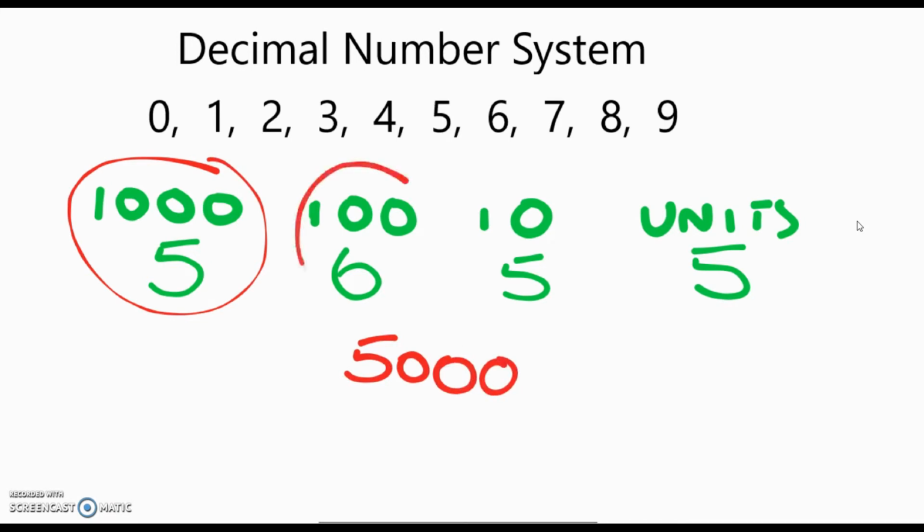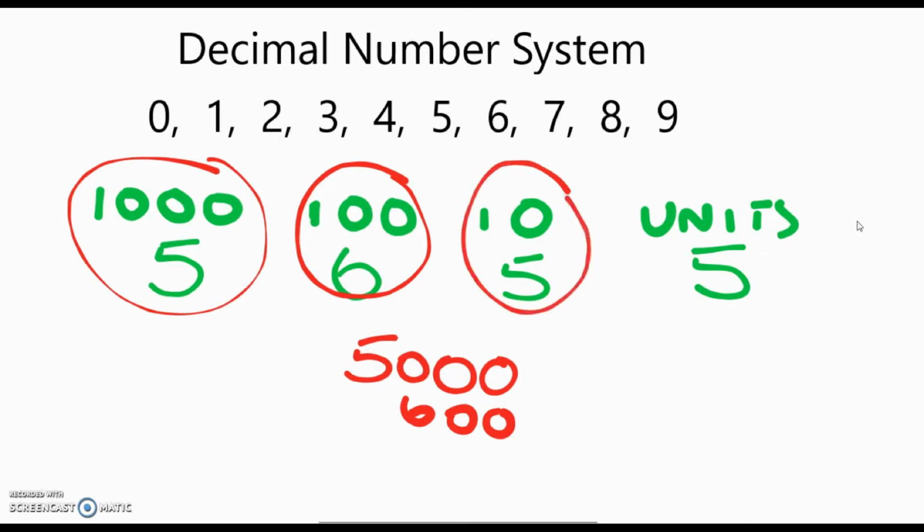We've got 6 of hundreds, so we would write that like that. And we've got 5 of tens, and we can write that like that. And we've got 5 of units, and we can write that just like that there.